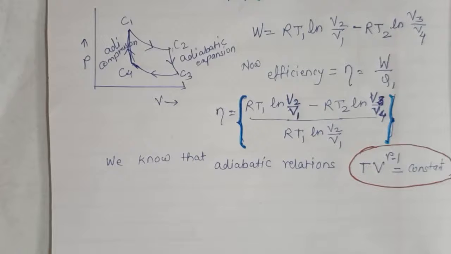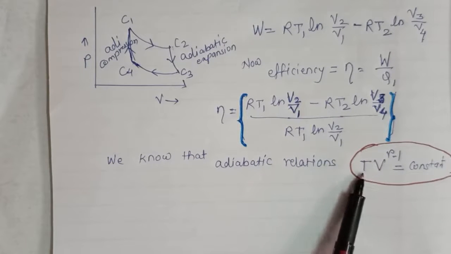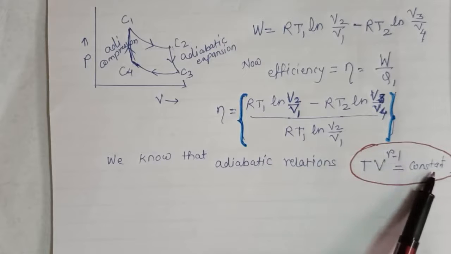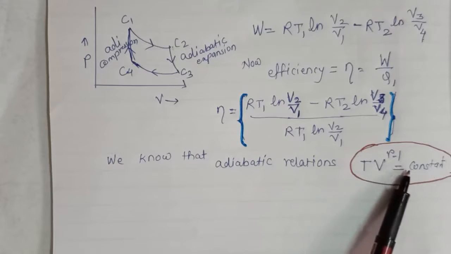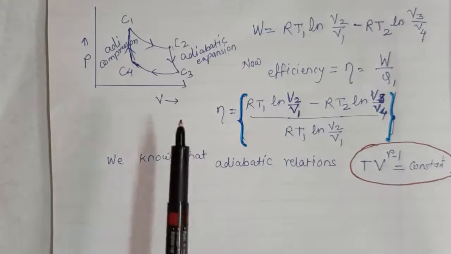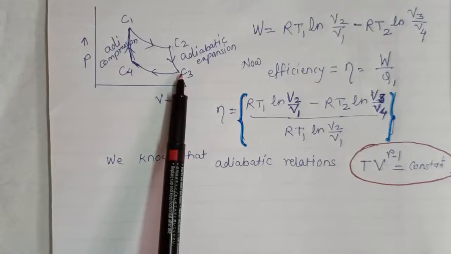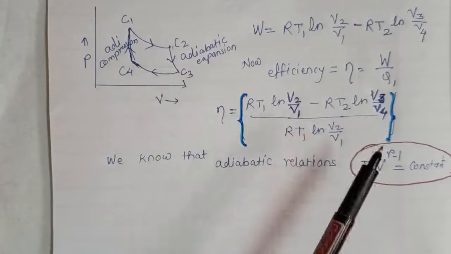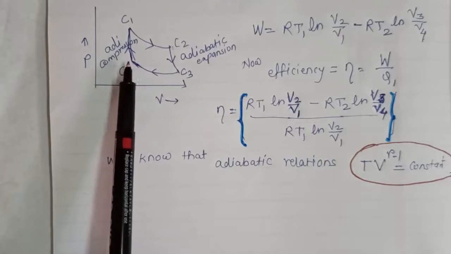We know that adiabatic relation T V raised to gamma minus 1 is equal to constant. This relation is applicable for adiabatic curve C2, C3. Again we apply this relation for C1, C4 adiabatic curve.